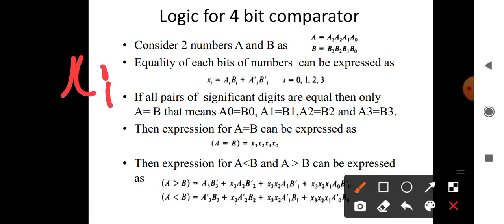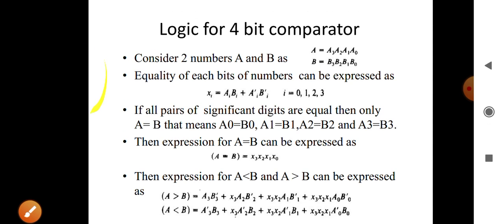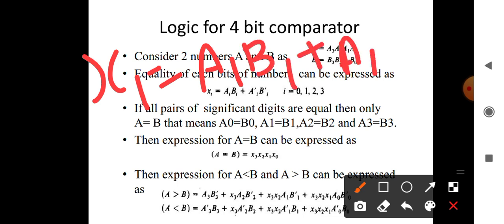Xi is equal to ai into bi plus ai complement into bi complement. So x1 means a1 b1 plus a1 complement into b1 complement.